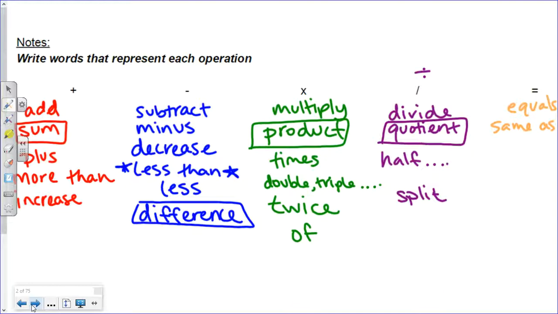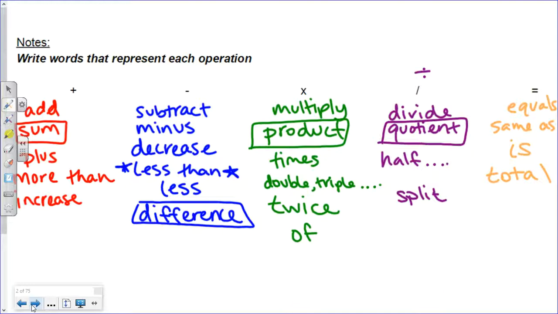Is. For example, 3 plus 5 is 8. Just need one more. See if I can give you a hint here. Total. All right, everybody got their list? So now we can refer back to this.